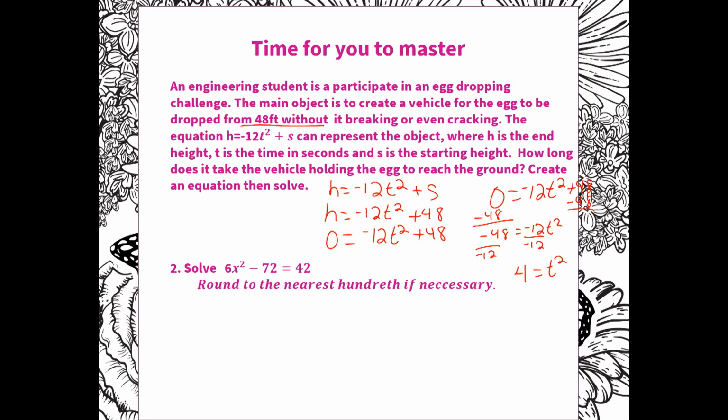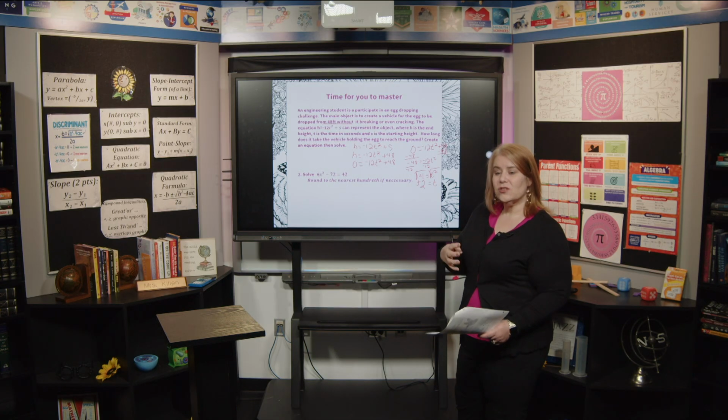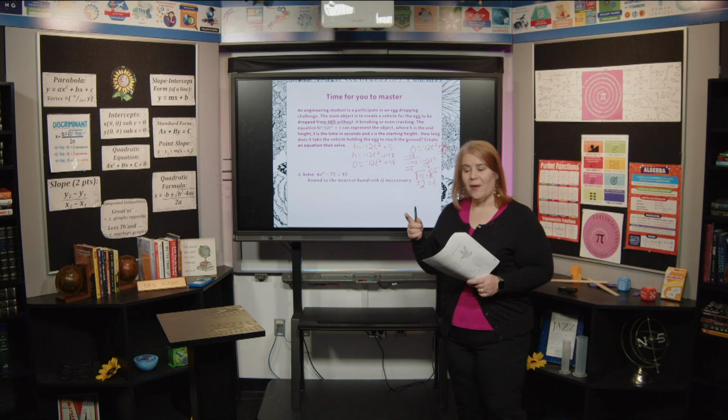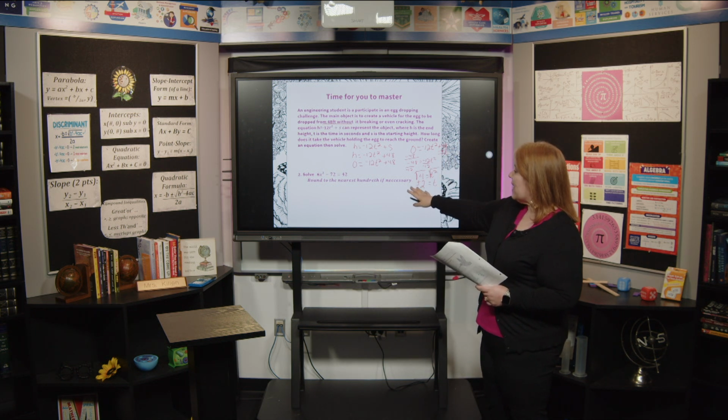Since my t is not by itself yet, I'm going to take the square root to get it by itself. So t equals plus or minus 2. So there I have answered my question, either a positive or a negative 2. Good job.